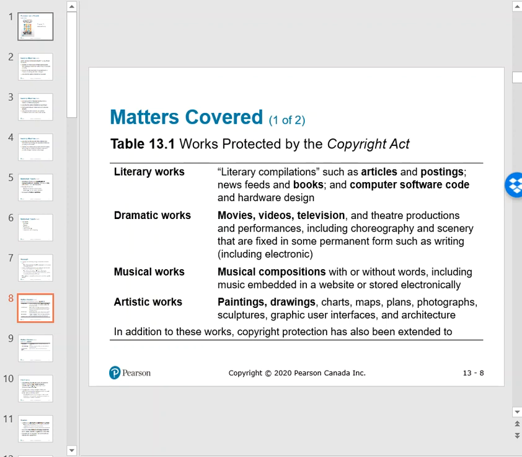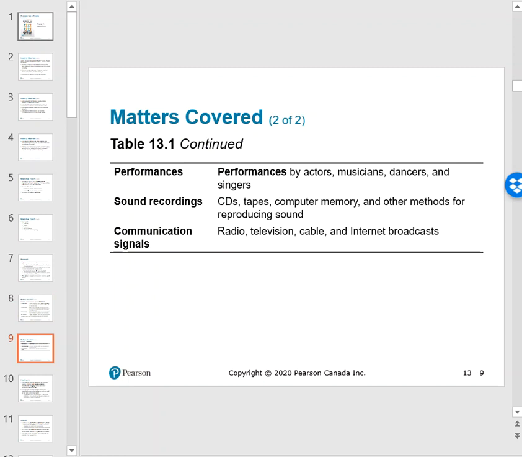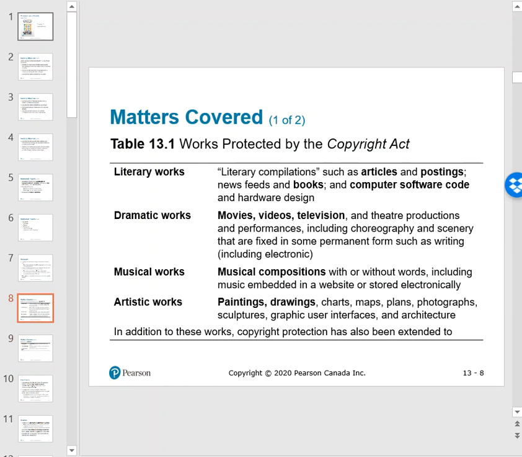Well, after all, computer software is a set of instructions so that the computer works in a certain way. Movies, videos, television, musical compositions, paintings, drawings, performances, sound recordings, even communication signals. So those are all examples of what copyright may protect.